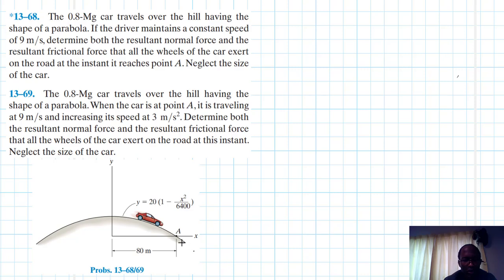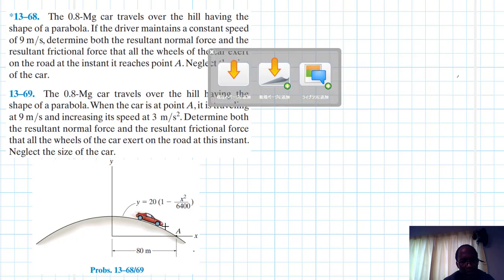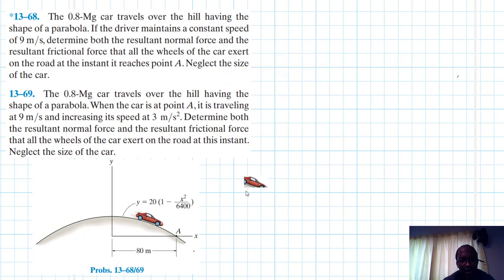So imagine there's a car here. We have a car, the same car has moved to this point. So let's redraw this car. Can we snip it and then replace it there? Maybe we can. Let's try that. There we go. So let's place it there.